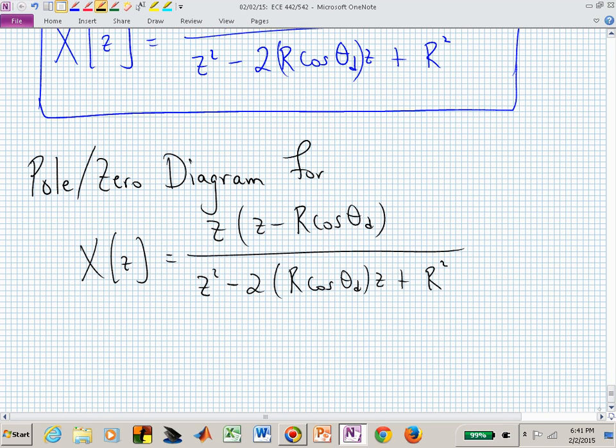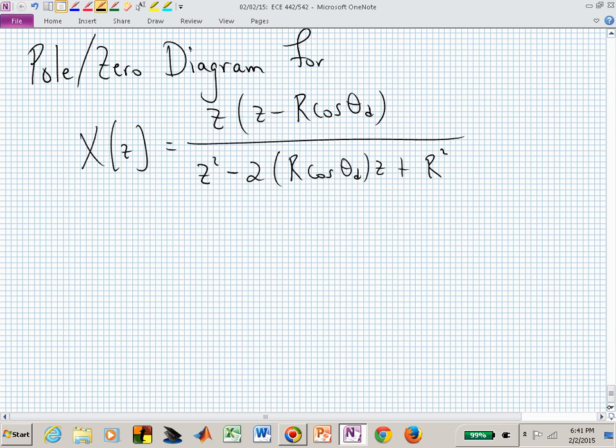Do you see where that might be in the complex z-plane, any of this?